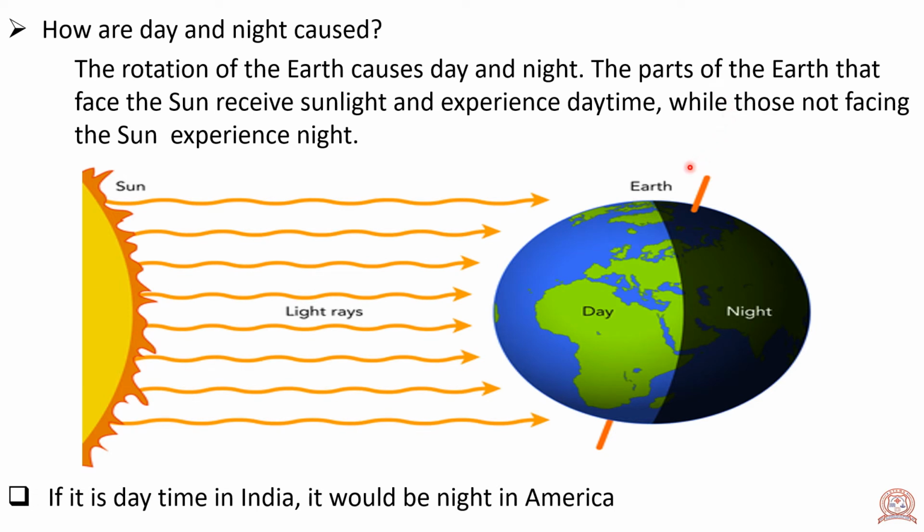The rotation of the earth causes day and night. The parts of the earth that face the sun receive sunlight and experience daytime, while those not facing the sun experience night. If it is daytime in India, it would be night in America.